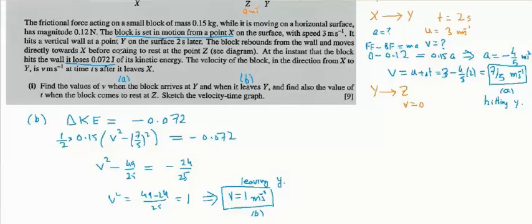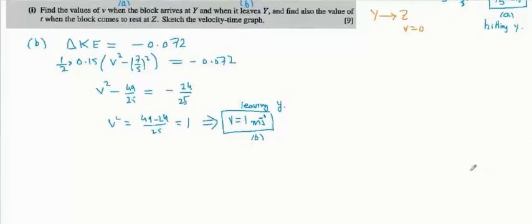So this question basically we can also do by using the law of conservation of momentum. Say this is a wall and this object is coming towards the wall with some speed, and after hitting it will go away from the wall.